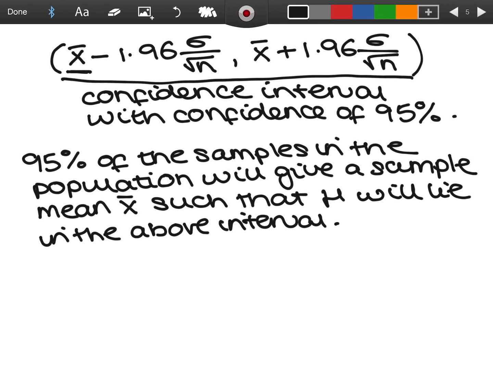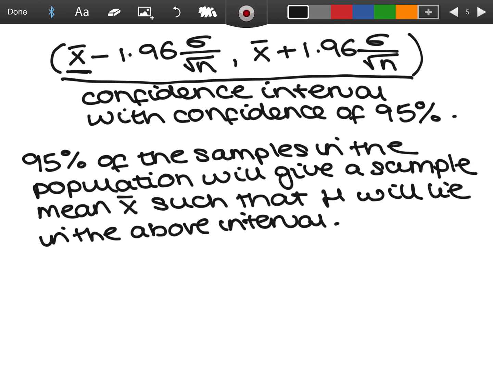Because the smaller that this interval gets, it's great because you will have more of an idea of what the population mean actually is. Because compared to between 0 and 1,000,000, you have no idea where the population mean lies in that range. But if you said, well, I've got an interval of 50 to 55, that gives you a much more accurate representation of what that population mean could be.